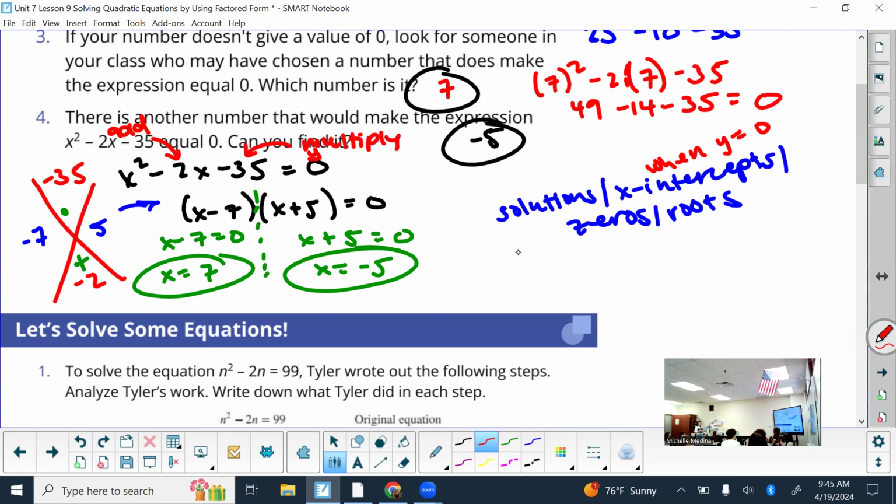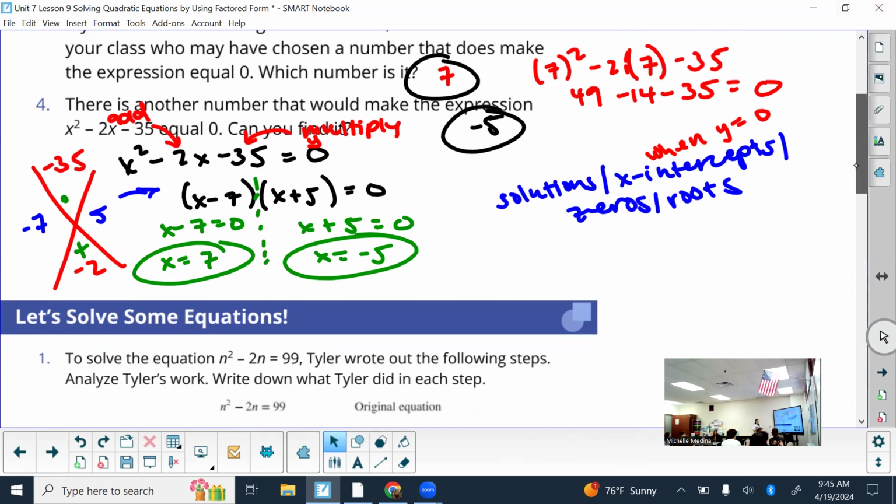It's to solve problems that previously we were only able to solve by graphing. Now we're going to solve them by factoring. So really, I shouldn't let you use graphing on your quizzes or your unit tests, but just know there are going to be questions on your tests that you can't just use your graph to solve, and it'll be more procedural. So you do need to know these procedures.